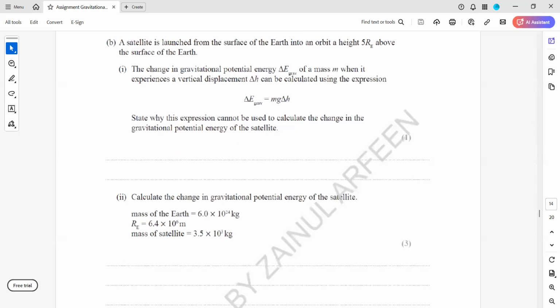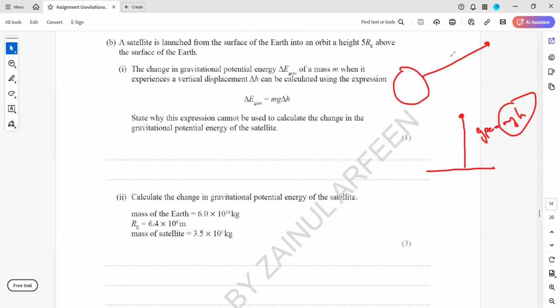If I lift any object above the Earth's surface, I can use the formula that gravitational potential energy is mgh. But when an object is moving away from the Earth's surface, I cannot use this formula. The main reason, as Hashim said, is that gravity is not constant, because gravity is changing.